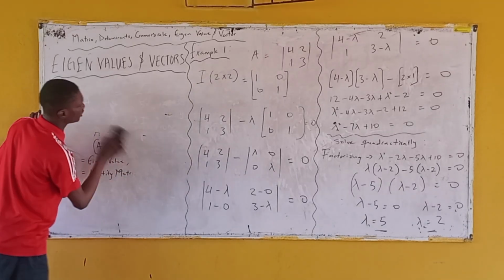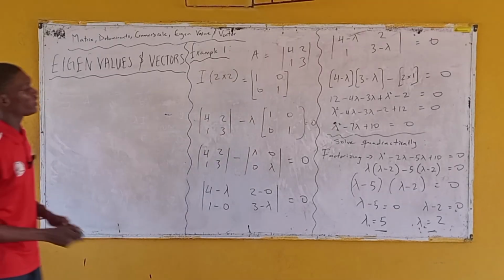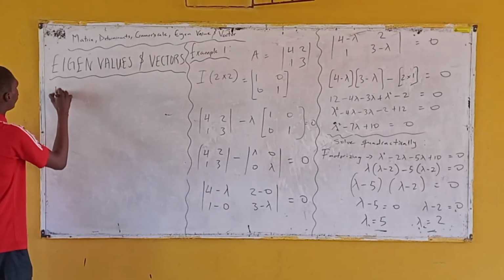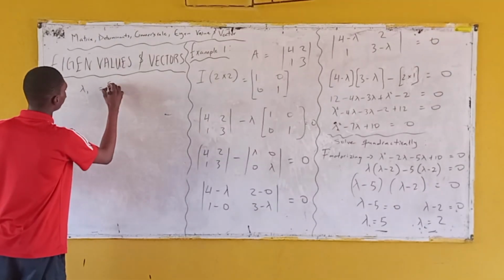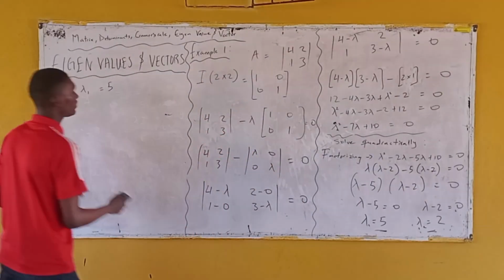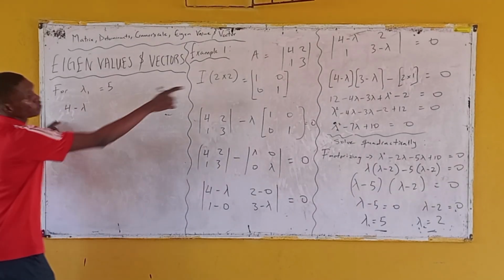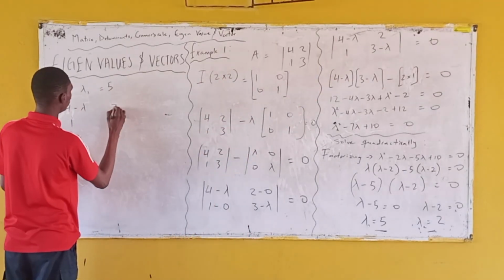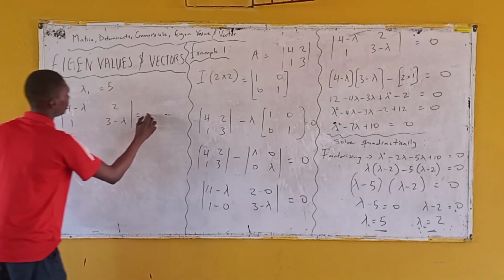So to get your eigenvectors, what do you do? You simply go back into this. For lambda 1 equal to 5, write back this equation: 4 minus lambda, 1, 2, 3 minus lambda, equal to 0.